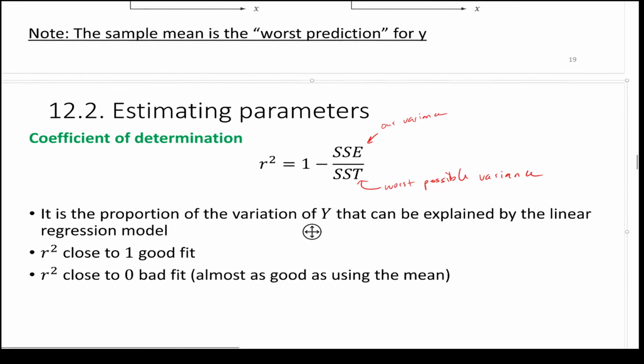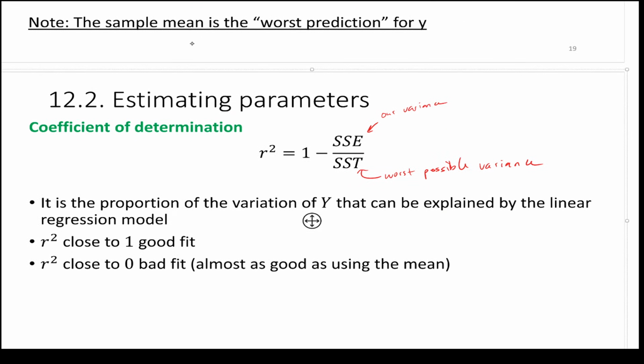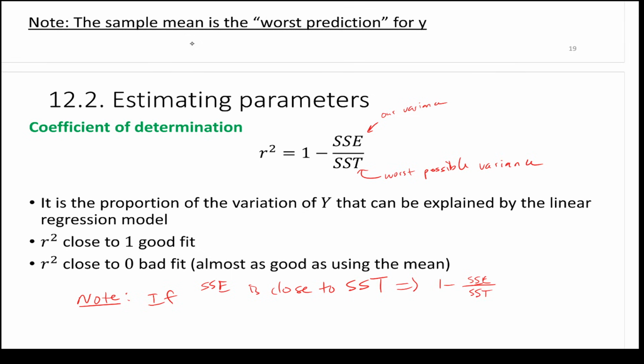So let me just note here that if SSE is close to SST, that means 1 minus SSE over SST is close to 0.